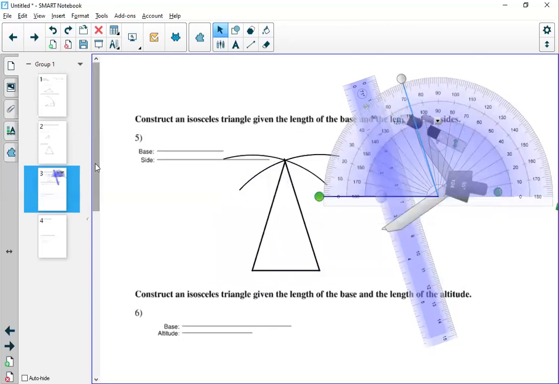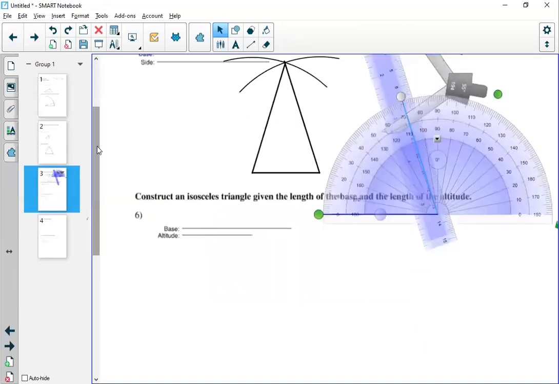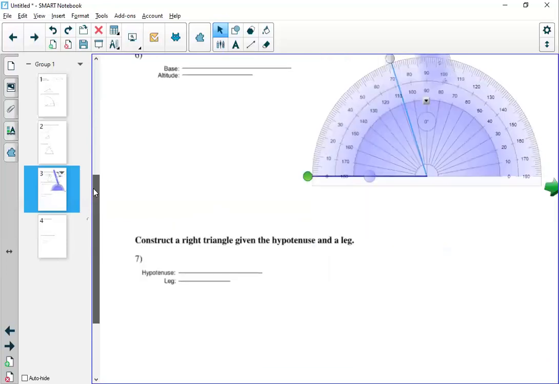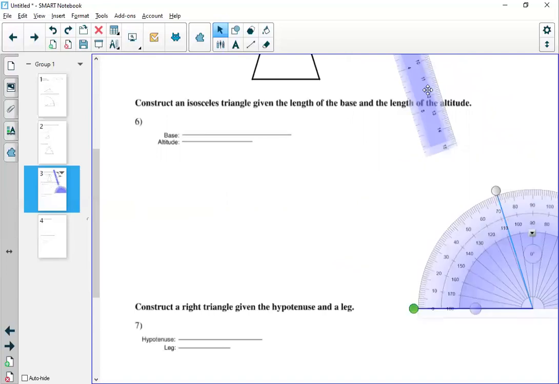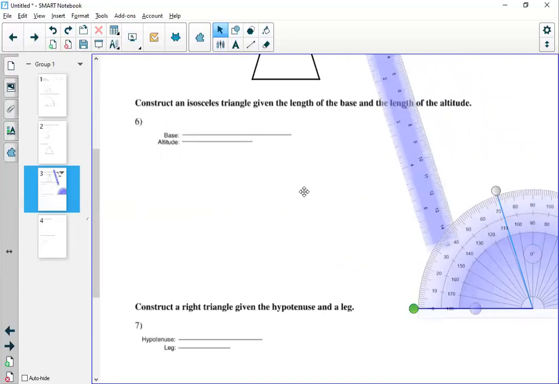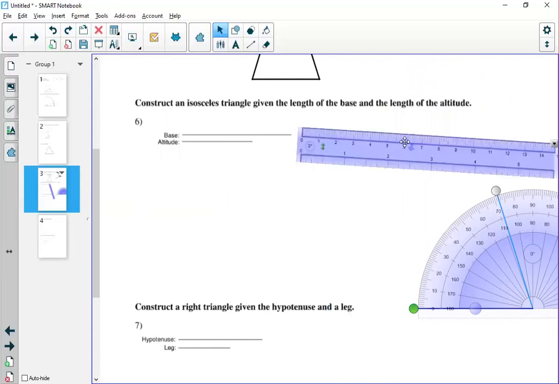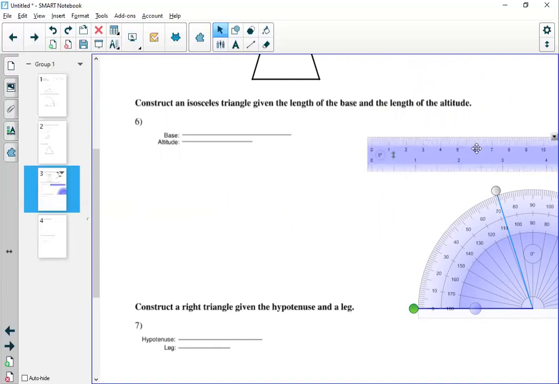Then we can now check the other one. Let's look at the other. Oh, there are 3 questions here. 5, 6, 7. All right, so let's quickly construct these other questions. So here it says construct an isosceles triangle given the length of the base and the length of the altitude.